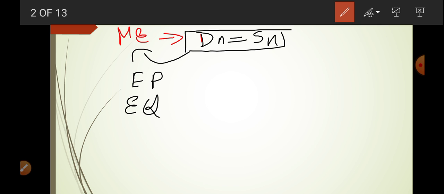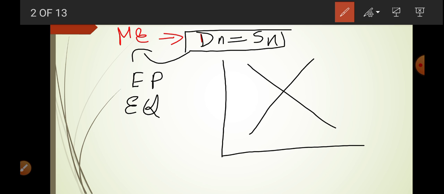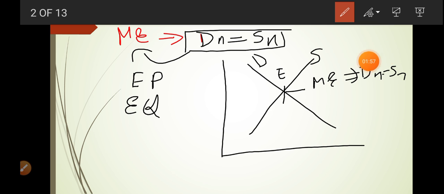If I draw it diagrammatically, this is your demand curve, this is your supply curve, and both are intersecting at this point. This is your equilibrium point, and here is market equilibrium. Why? Because here demand of X good is equal to supply of X good.